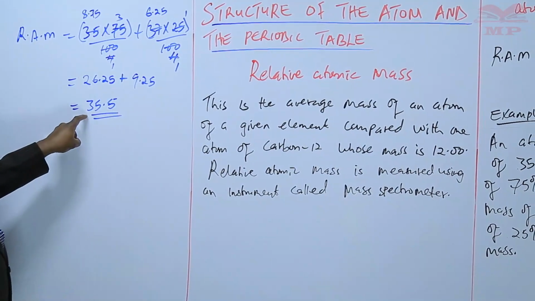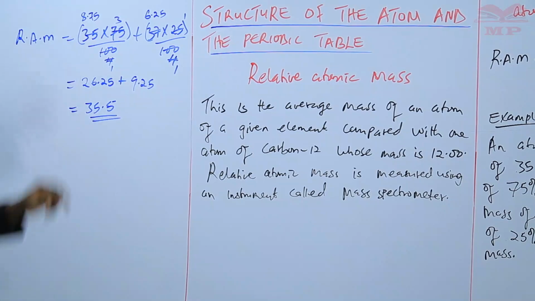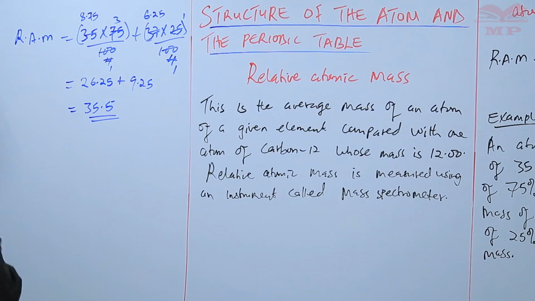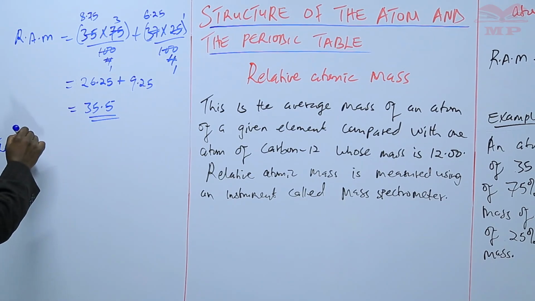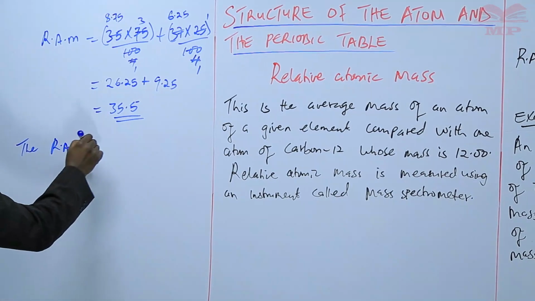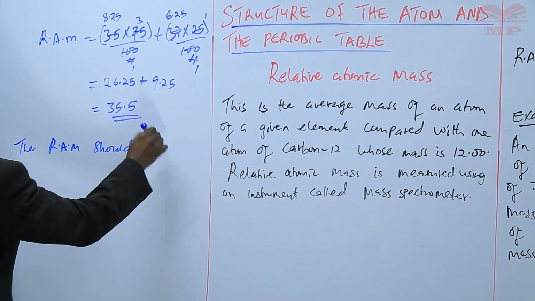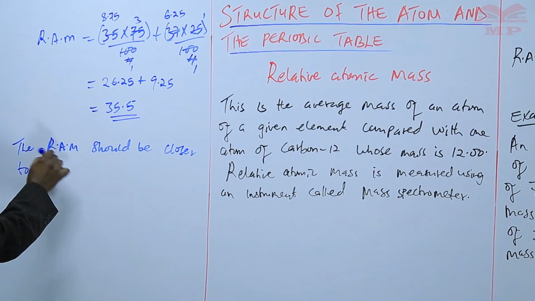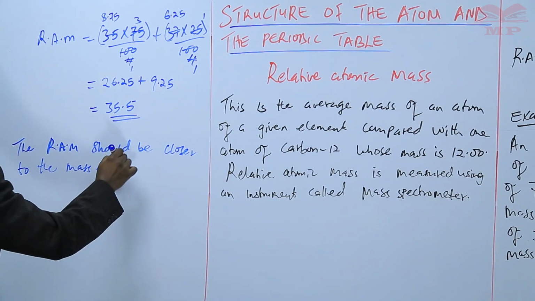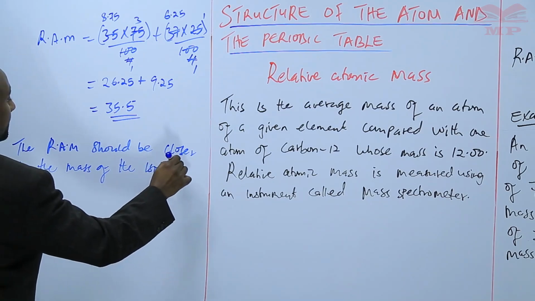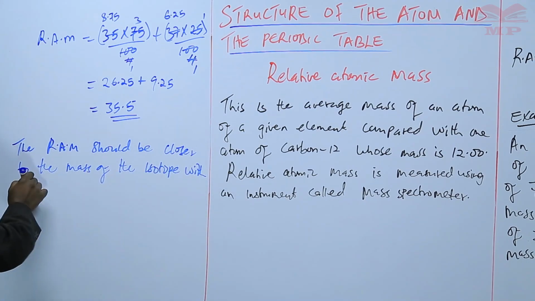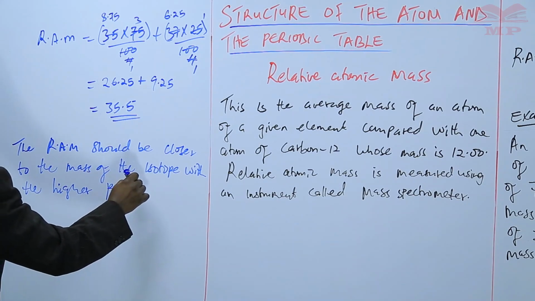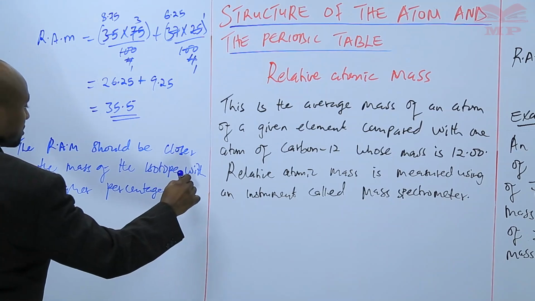So in this case, the answer 35.5 is closer to the mass of 35, which has the highest percentage of 75%. So you can say that the RAM should be closer to the mass of the isotope with the higher percentage abundance.